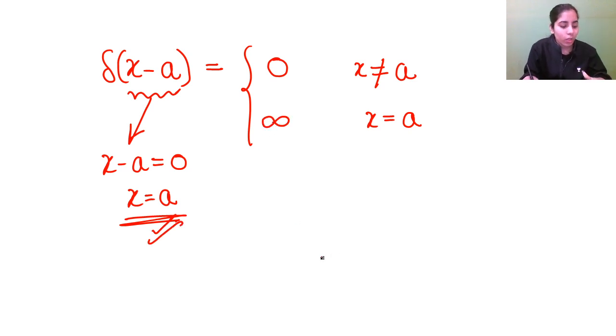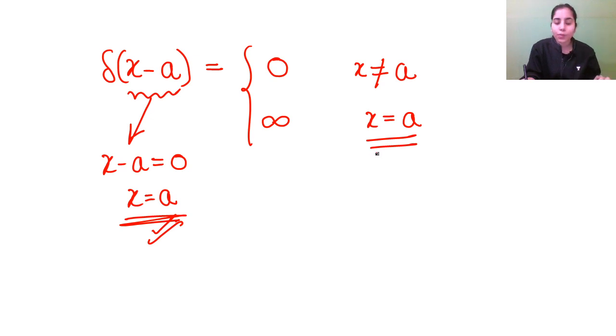So if you have a function which has the value 0 at all other places in space except this particular point, then this kind of function is known as the Dirac Delta function.